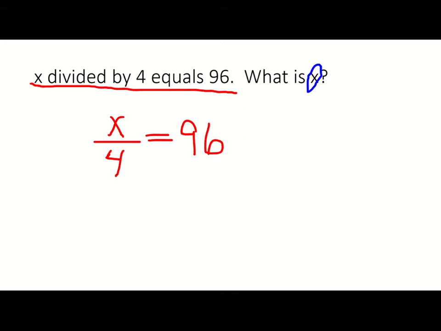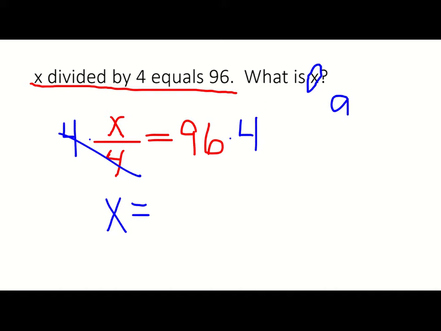So once I set up the equation, then I'm going to solve it. So if x is being divided by 4 right now, the opposite would be to multiply both sides by 4. So I'm going to have x equals, and then 96 times 4.